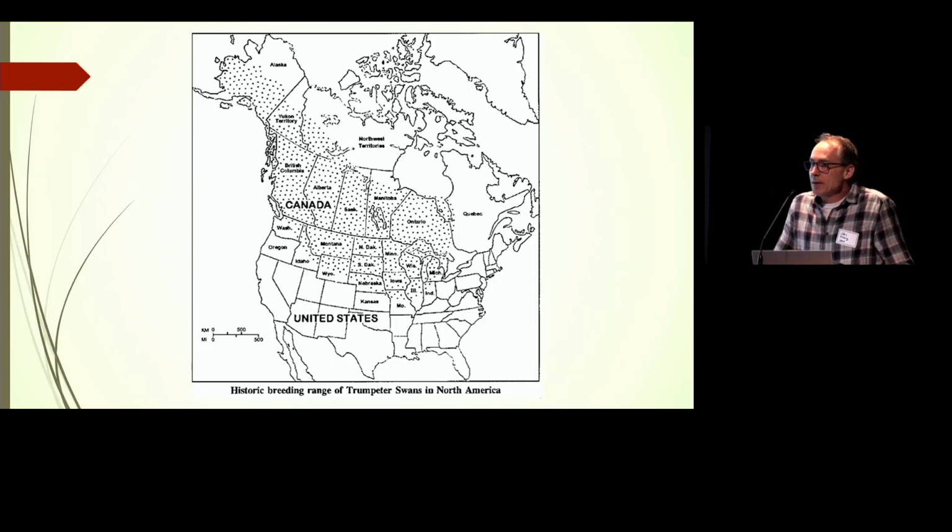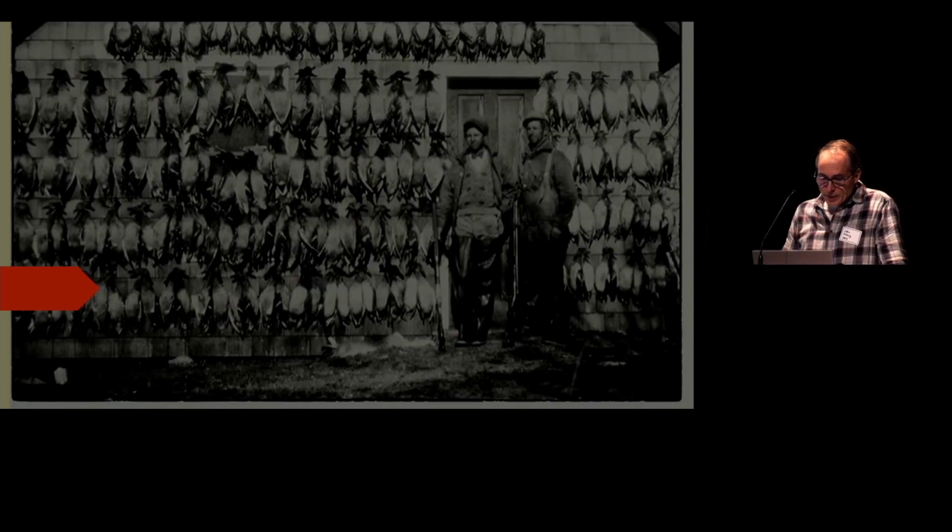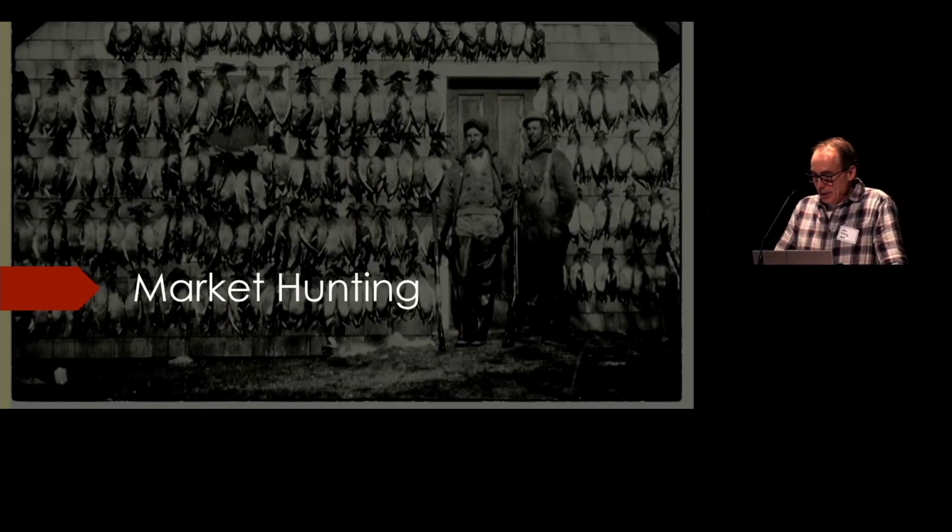There's not great historical information about their range, but this is probably the best that we can do. You can see they were widespread throughout Canada, Alaska, and northern states here. But that all changed in the 1800s. A lot of the population trends, the downward trends, were driven by market hunting.